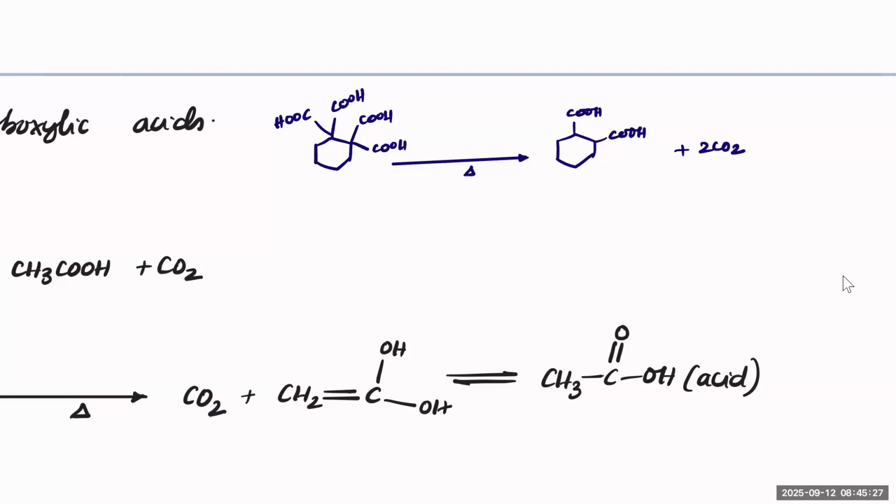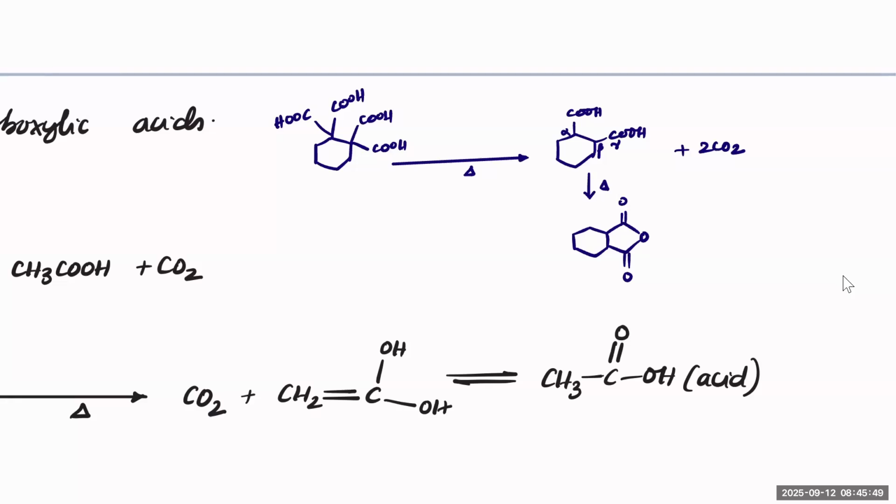Now here it is alpha, beta, gamma. Now it is at gamma position. If it is at gamma position, on further heating, it will undergo dehydration and you will end up getting a cyclic anhydride like this. Got it?